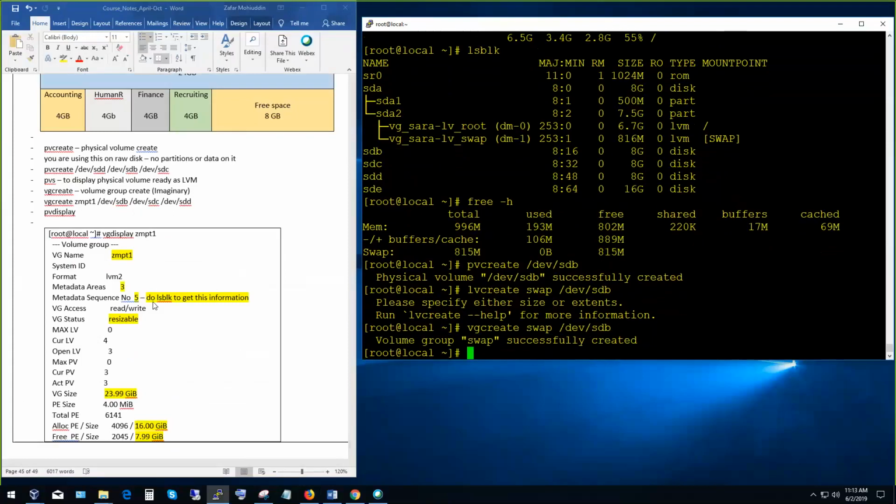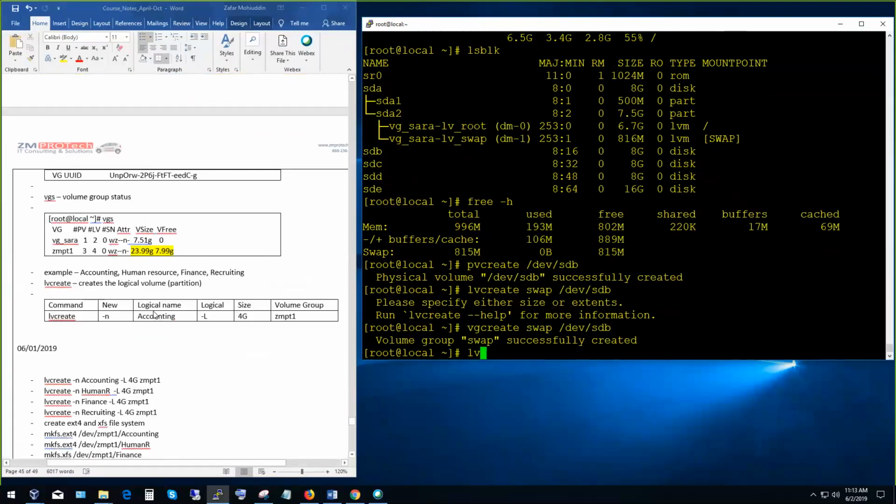Okay, and then you will do lvcreate -n, and you type ext swap, extended swap, -L, and how much you want to give, about 2 GB. And then you give it from the volume group here. So what is the volume group we give? Swap.